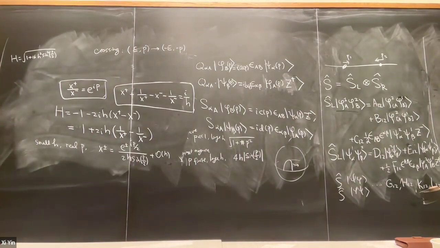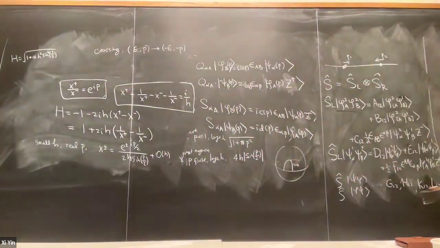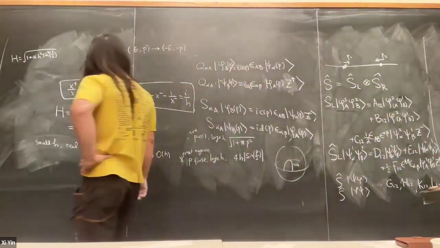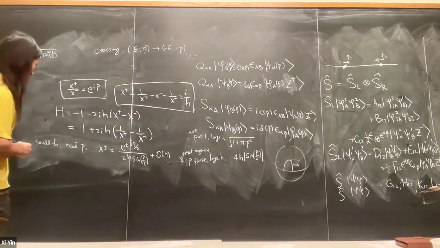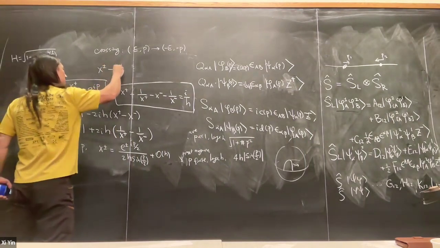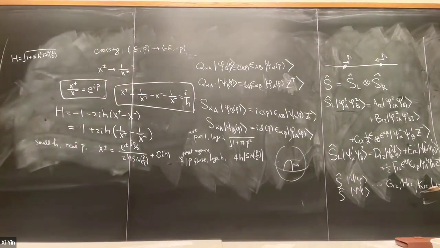And so when we discuss crossing, that is what needs to be done. Looking at these expressions, you can see that this can be accomplished simply by sending x plus minus to 1 over x plus minus. So that will do the crossing.